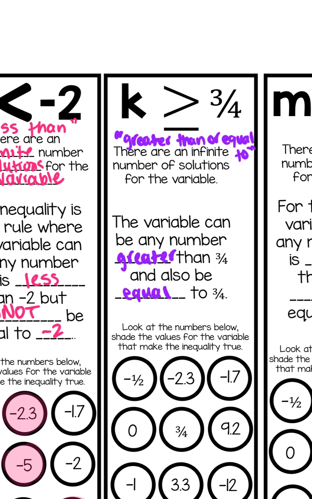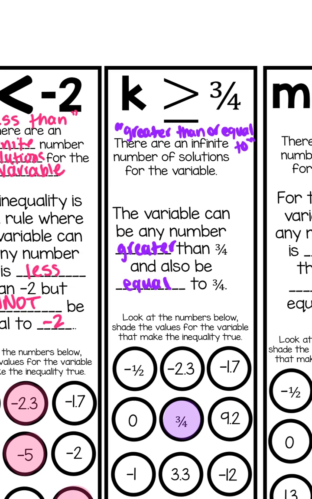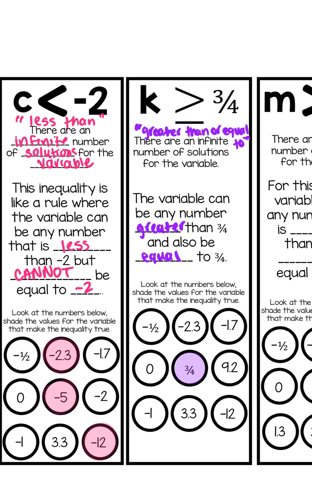That is a solution because it can be equal to, so we are going to shade that one in. 9 2/10. That is definitely a solution. We know that a negative cannot be a solution, so -1 is not a solution. What about 3 3/10? Yes. What about -12? No.